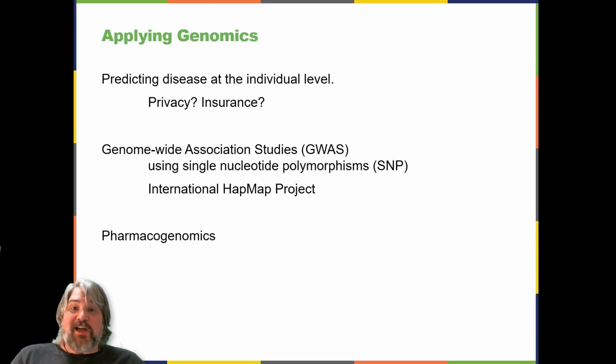In a common design for GWAS, two groups of individuals are chosen. One group has the disease, the other group does not. The individuals in each group are matched in other characteristics to reduce the effect of confounding variables causing differences between the two groups. For example, the genotypes may differ because the two groups are mostly taken from different parts of the world.